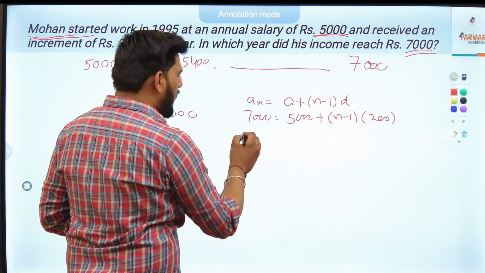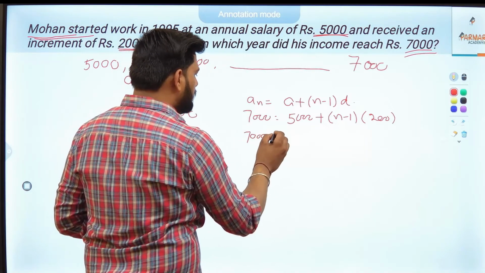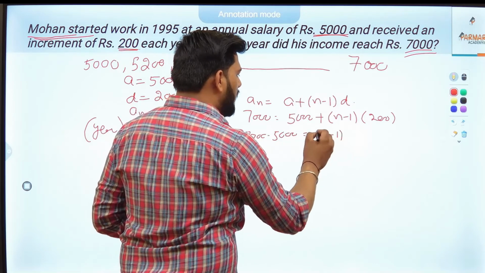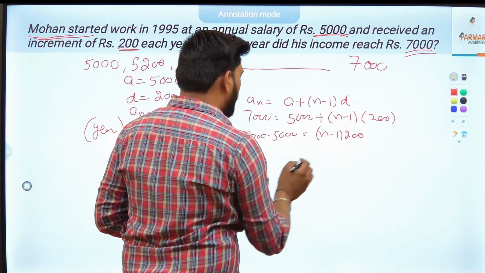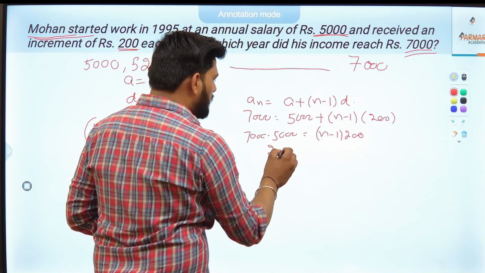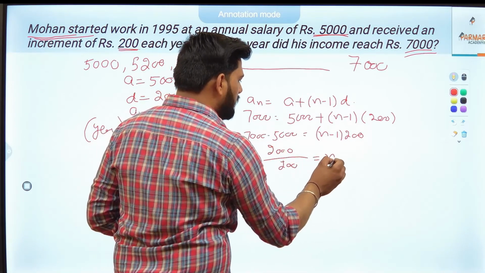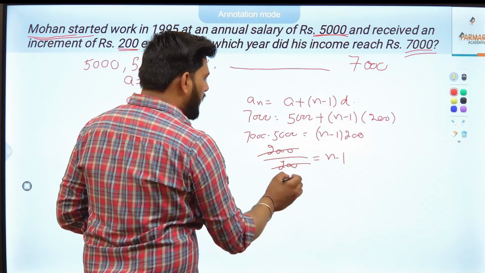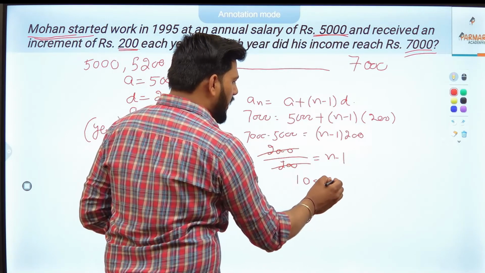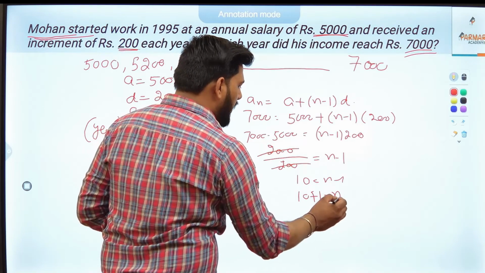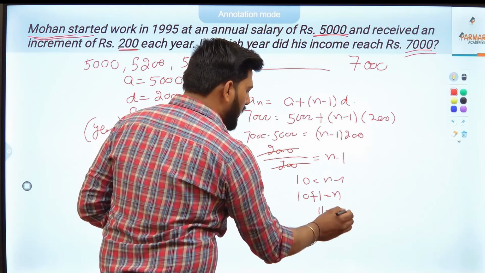So first of all 5000 gets subtracted, that is N minus 1 into 200. So this is 2000. Now 200 gets divided this side. This is equal to 10 is equal to N minus 1. So 10 plus 1 is equal to N. N is equal to 11.